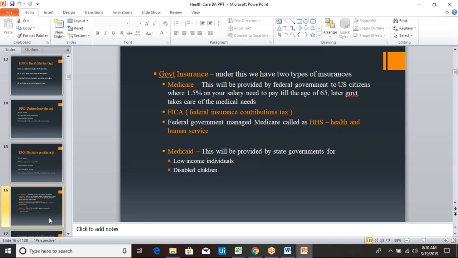So what experiences you have gone through as a healthcare BA during the processing of claims, what kind of challenges and difficulties you have faced, these experiences you have to share. This is the knowledge employers expect from a healthcare BA.